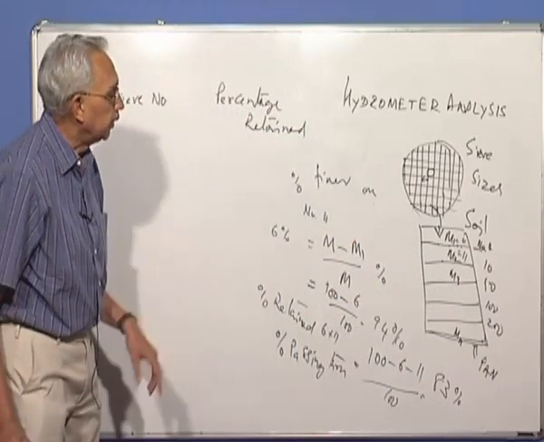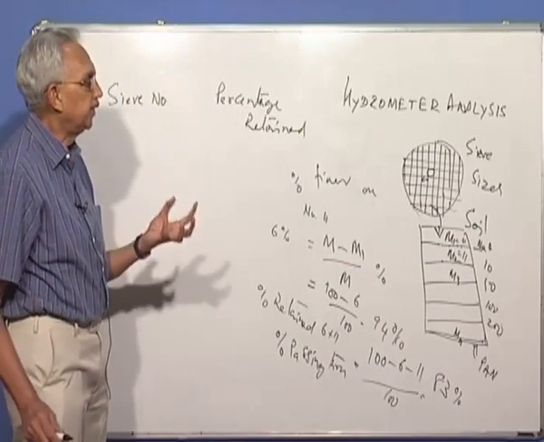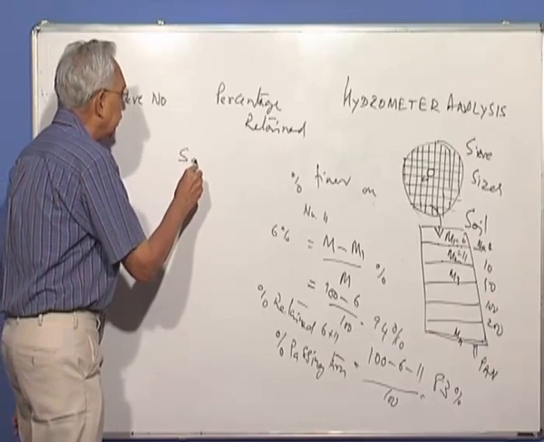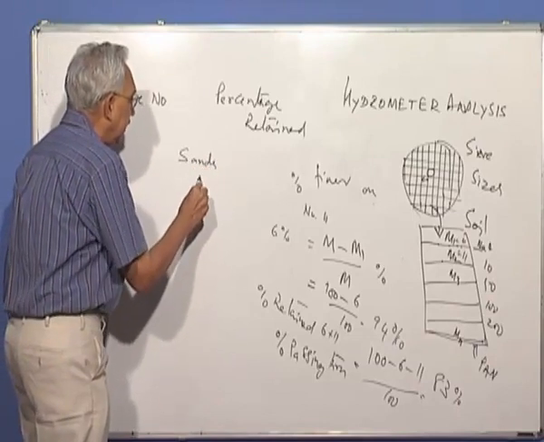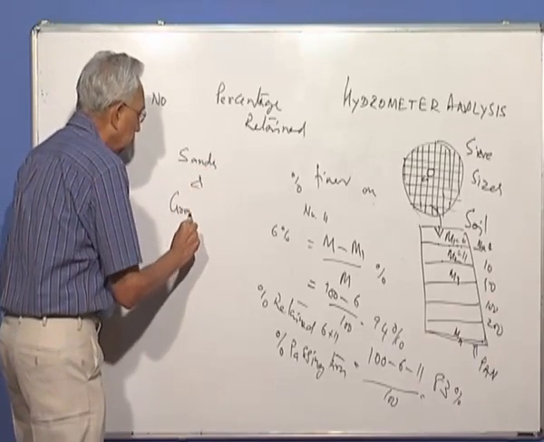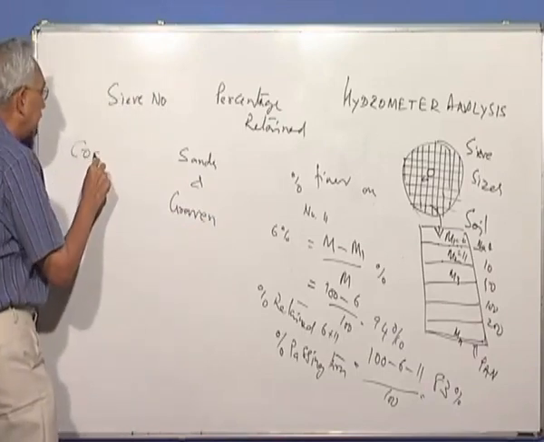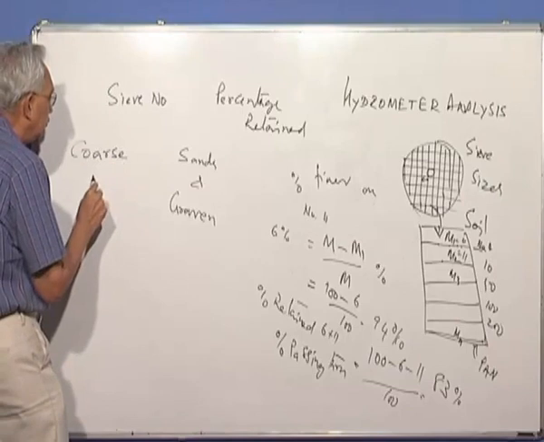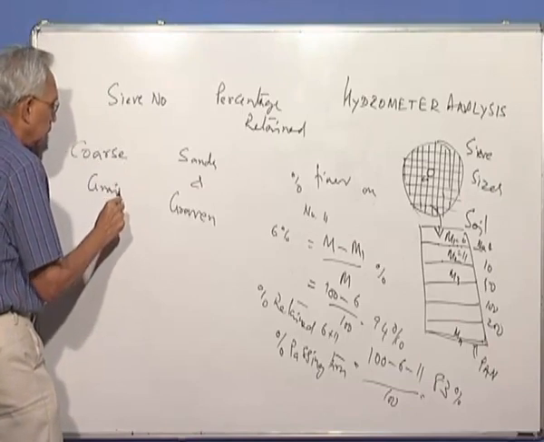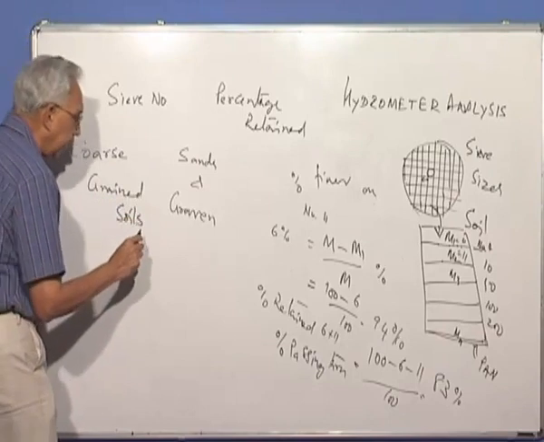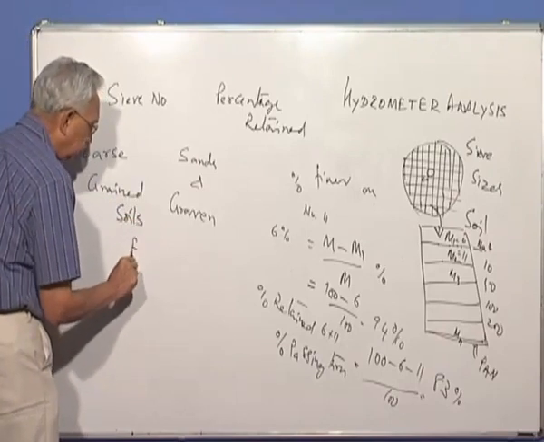Please remember, the grains may not necessarily be equidimensional, but usually sands and gravel, these are called coarse grain soils. They are relatively equidimensional.